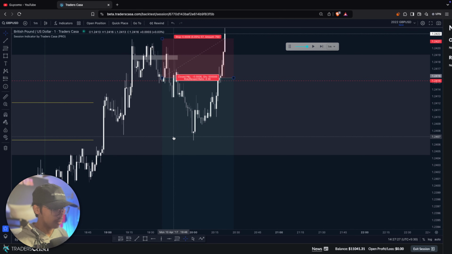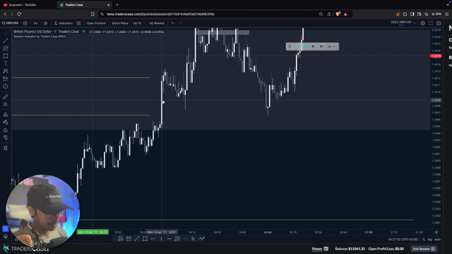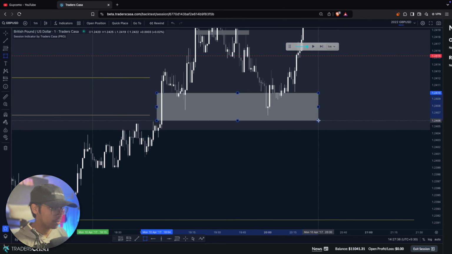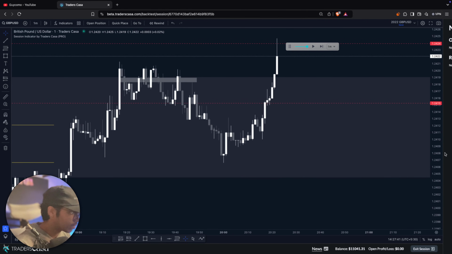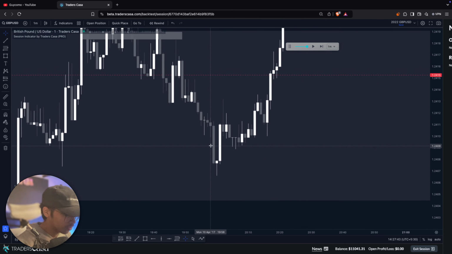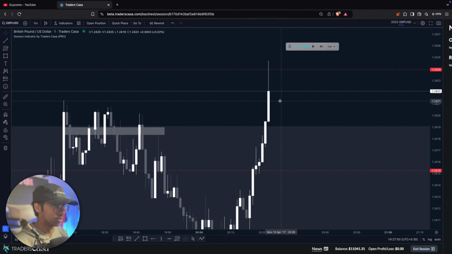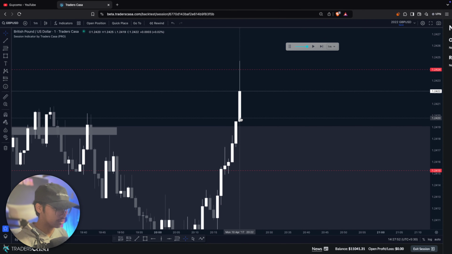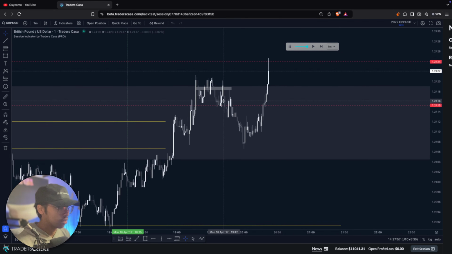Okay, it took out this high. That is what I was thinking in the little break, because there's a fair value gap which has been respected, and the price can shoot up from that point. Why didn't I see that fair value gap that got inverted? That is the moment I should have taken my trade out. But it's fine, I learned something. Not a big deal, but let's go.